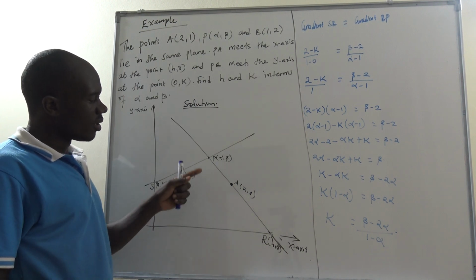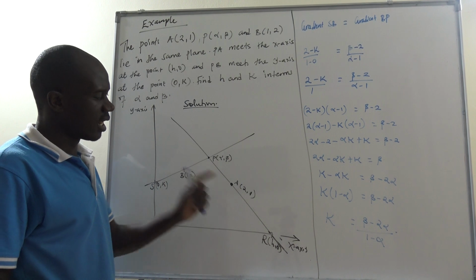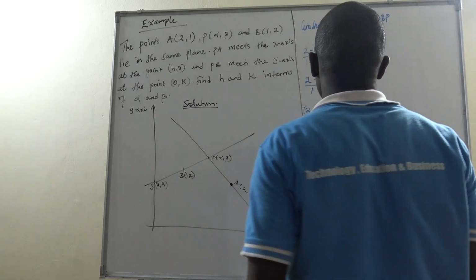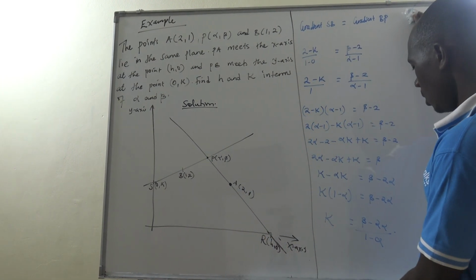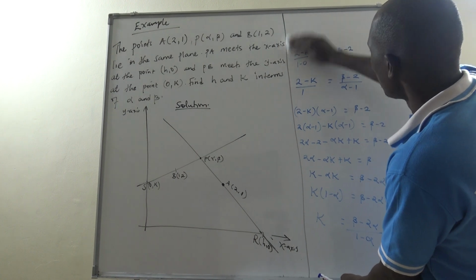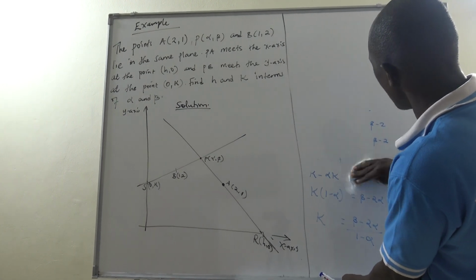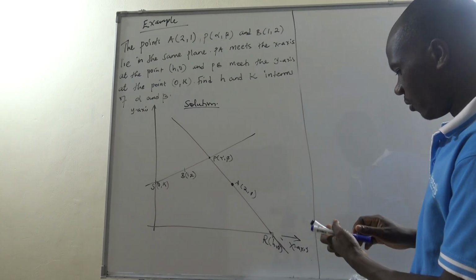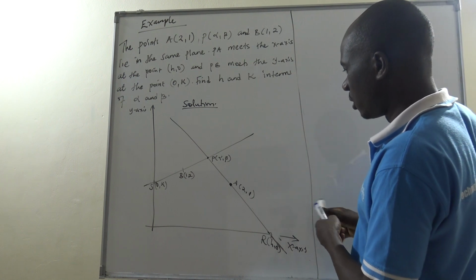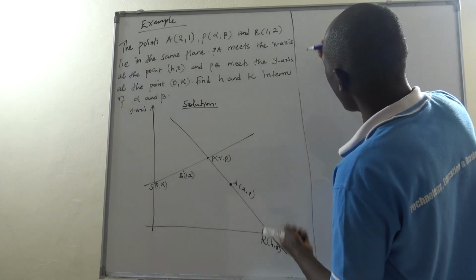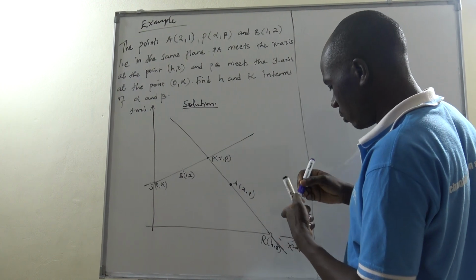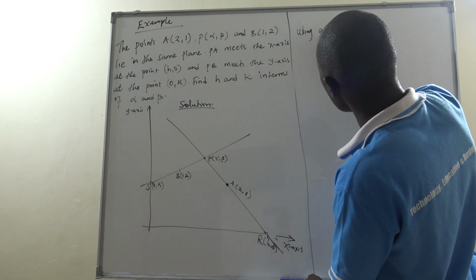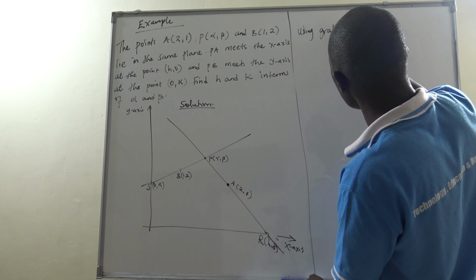We say that the gradient of PA is the same as the gradient of AR. We use the same way, the gradient formula.